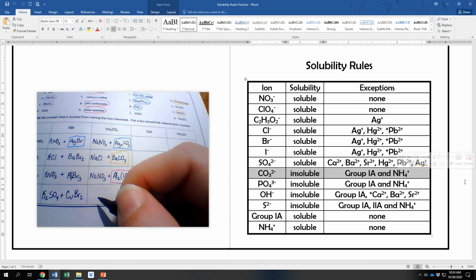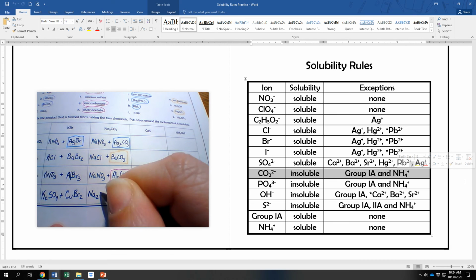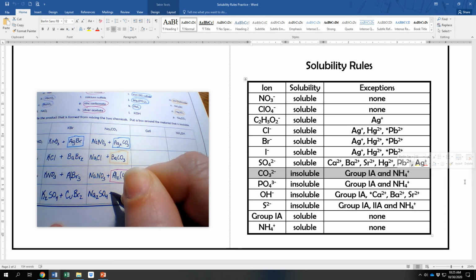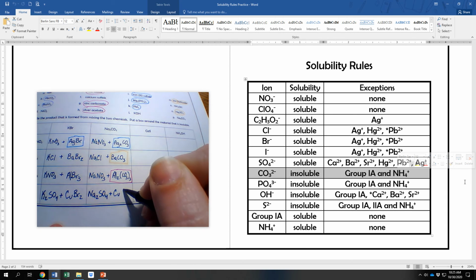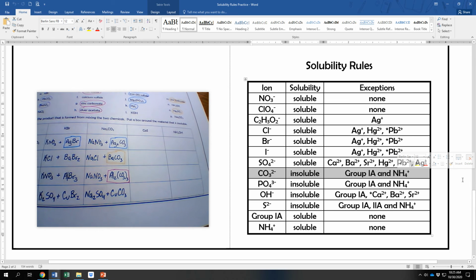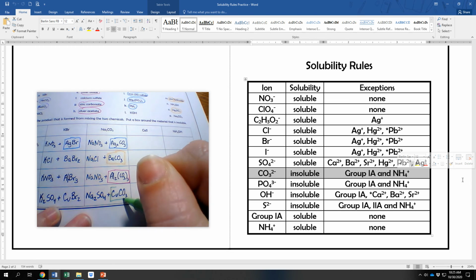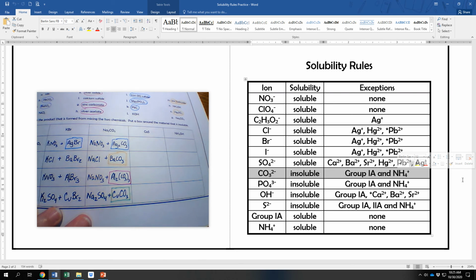So we're going to switch partners again. So Na2SO4 and CuCO3. Group 1 metals will always stay dissolved. Carbonate says insoluble except group 1 and ammonia. So it will form a solid product.